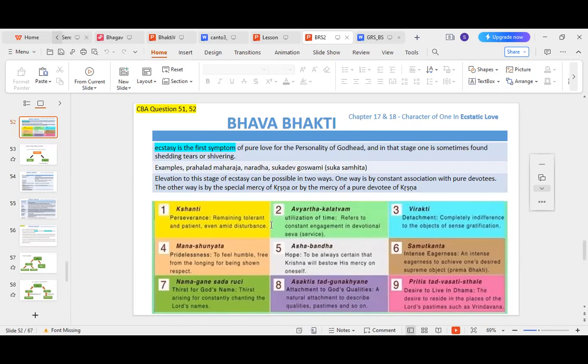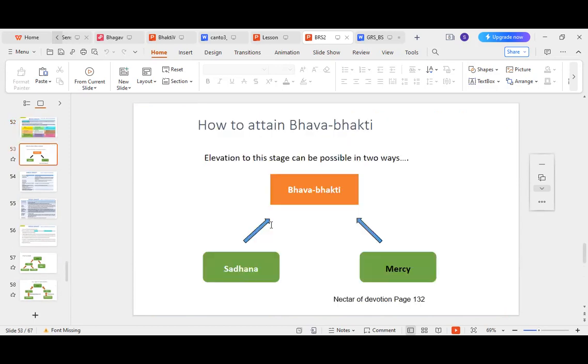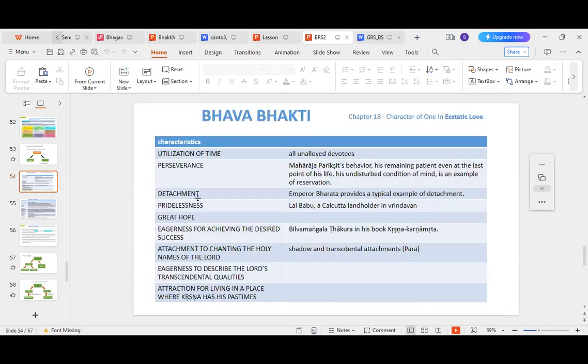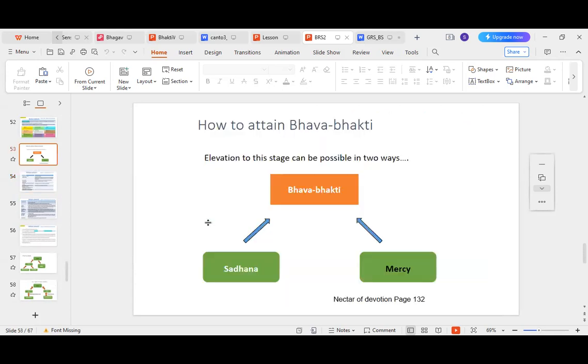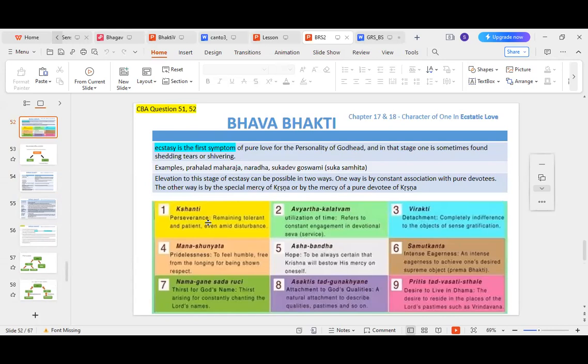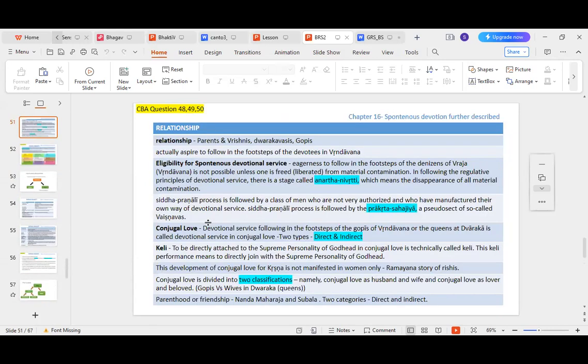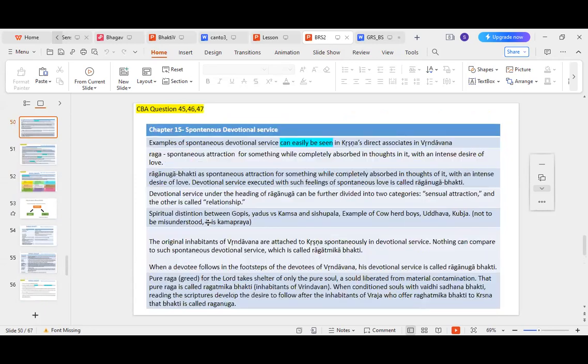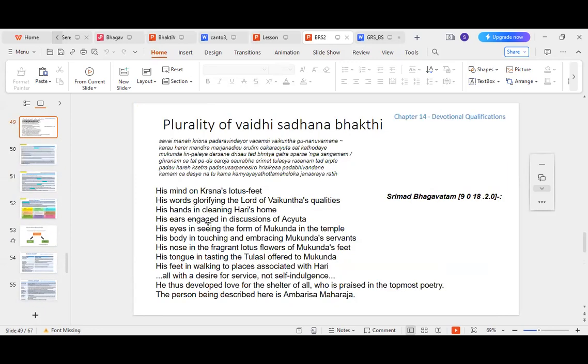If you are able to remember the Sanskrit words, it is okay, but at least these are the English words: pridelessness, detachment, attachment, eagerness, attraction to live in pastimes, and to live in the holy dham. If you're able to understand through the Sanskrit words, that is also good. We have also seen spontaneous devotional service, plurality and singularity.